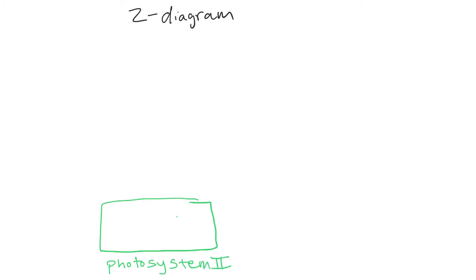We're going to start with photosystem 2. Remember from the quiz, it's a little bit backwards, but that's what it is. Okay, and where do the electrons come from? They come from water, and you need a photon.